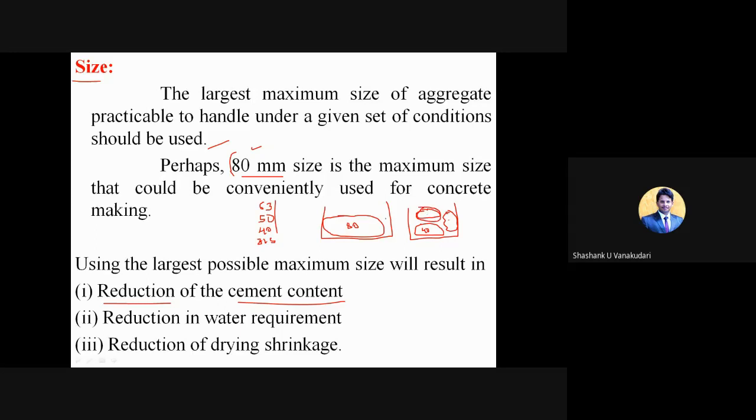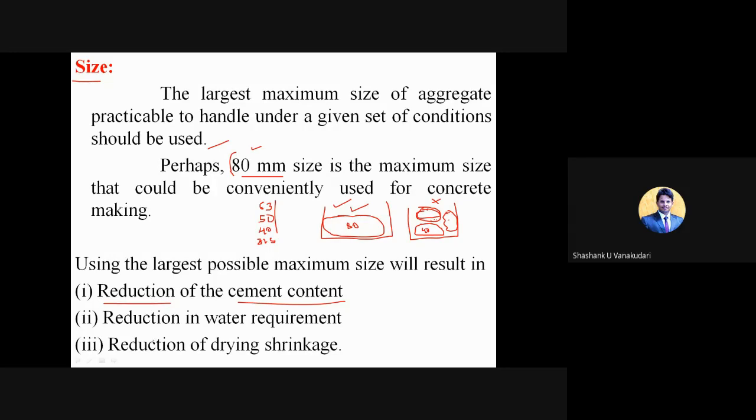So when you have used large size of the aggregate, the consumption of ingredients like cement as well as fine aggregate will be less compared to smaller size. Clear? And then there is a reduction in water requirement, because even the water absorption capacity and usage of water will be reduced when you have used coarse size of the aggregates rather than fine aggregates.